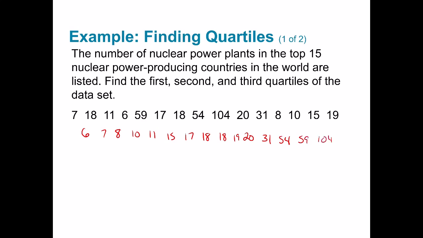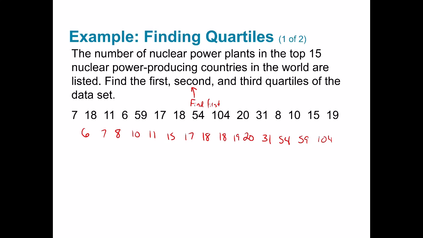So we have that data in order for all 15 nuclear power producing countries, the number of nuclear power plants. To find these 3 quartiles, you want to start out finding the middle quartile first. So find Q2 first.